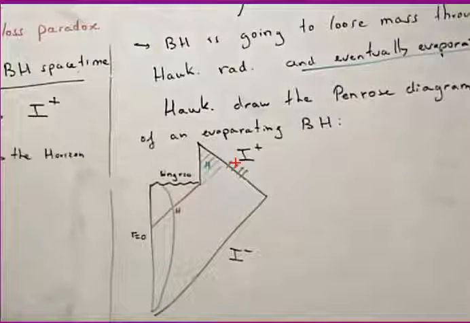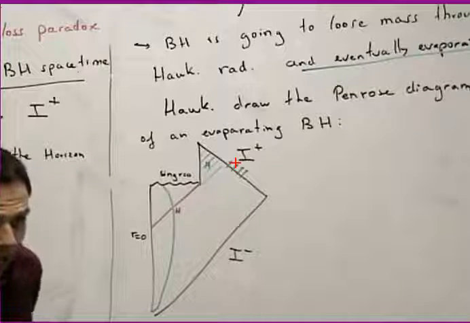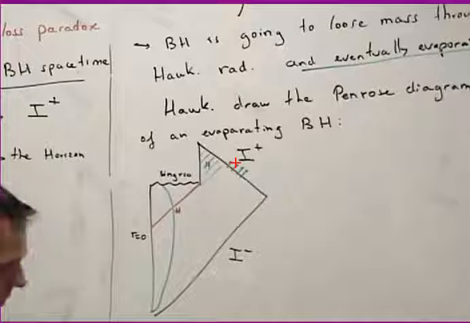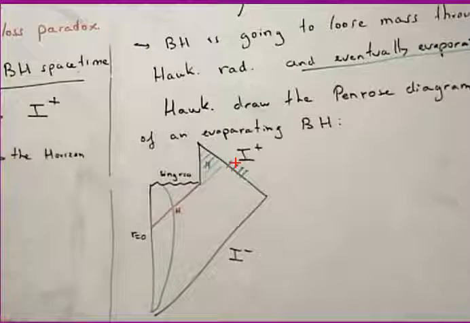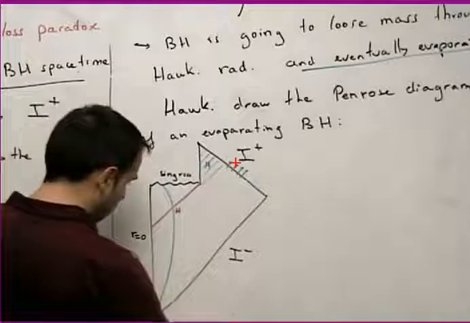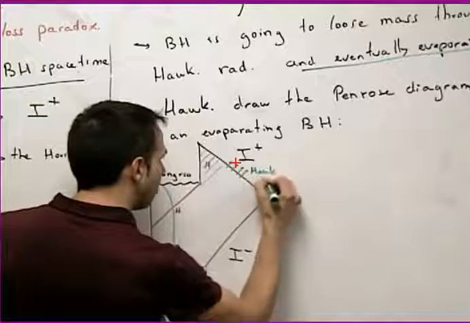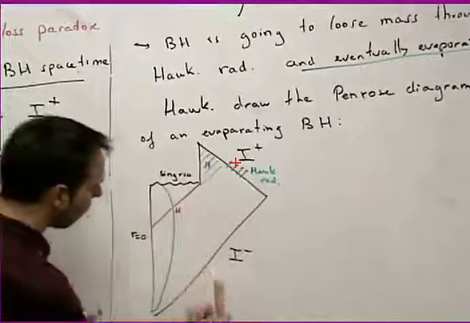So this is the Penrose diagram that Hawking drew of an evaporating black hole, and on this diagram is where this information loss paradox arises. So here in scri we have Hawking radiation, and time always goes vertically.